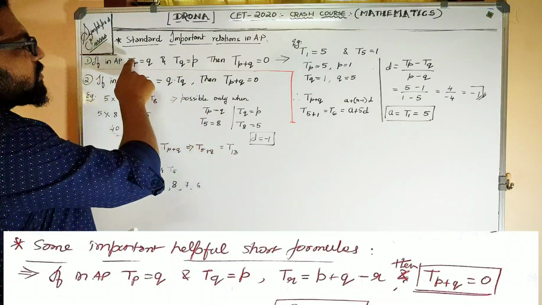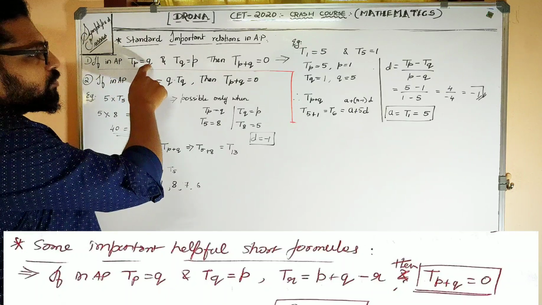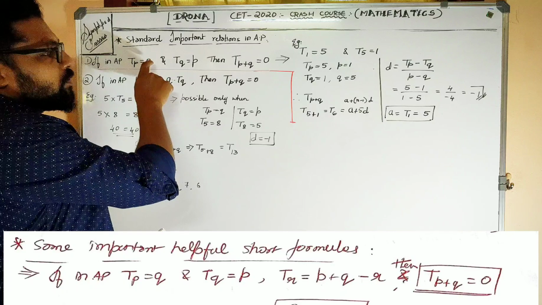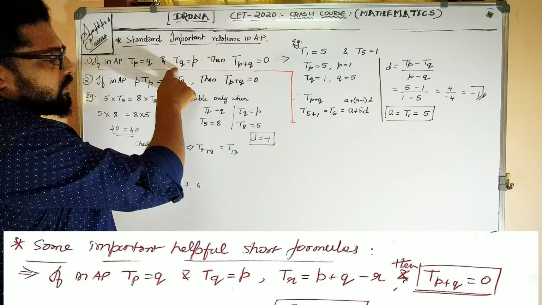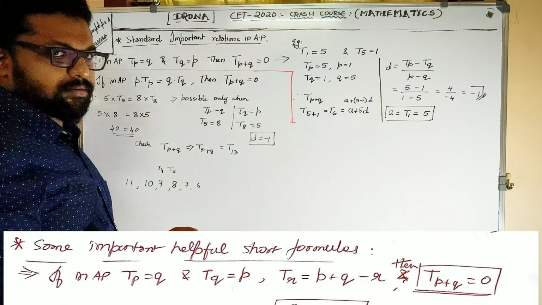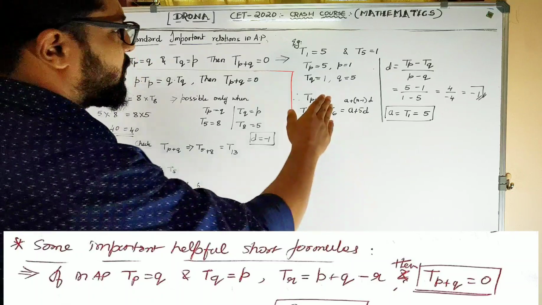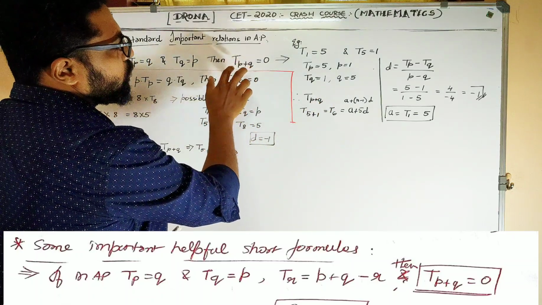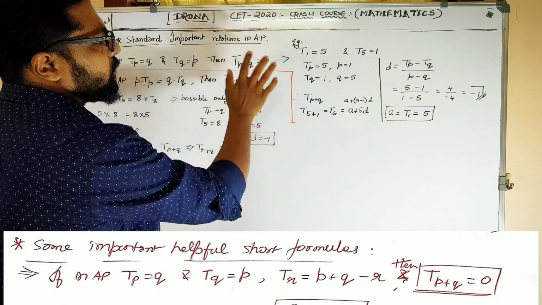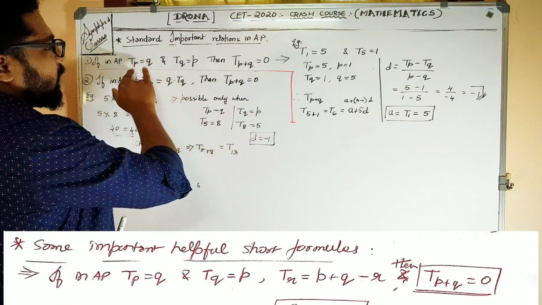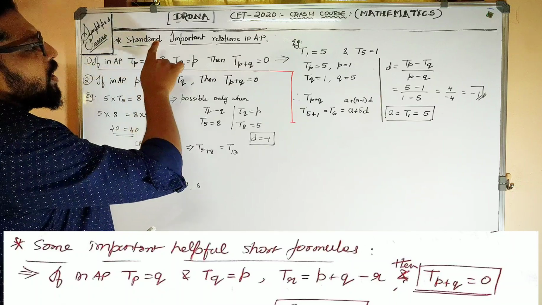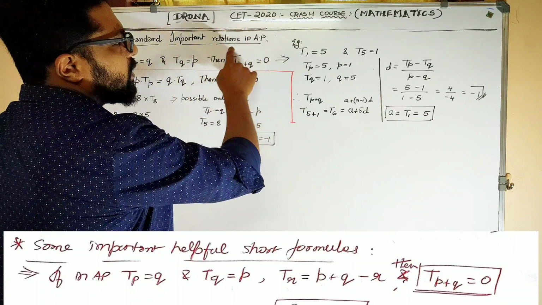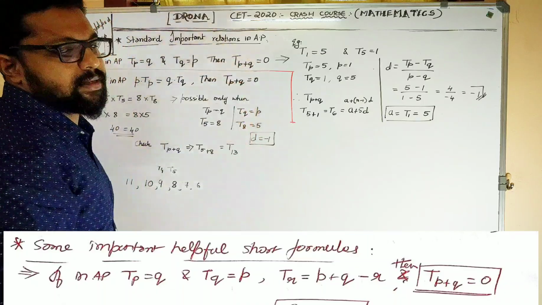If the Pth term is equal to Q and the Qth term is equal to P, then the P plus Qth term is always 0.